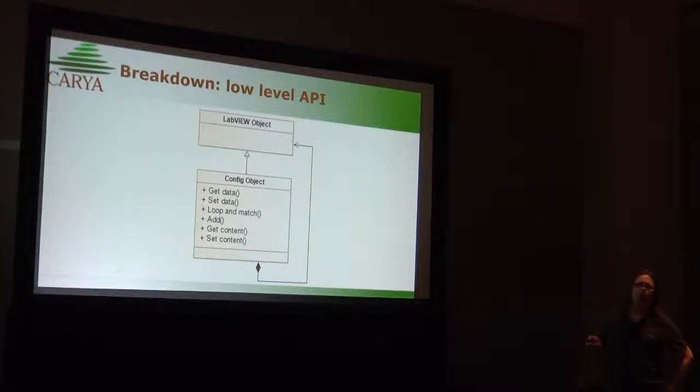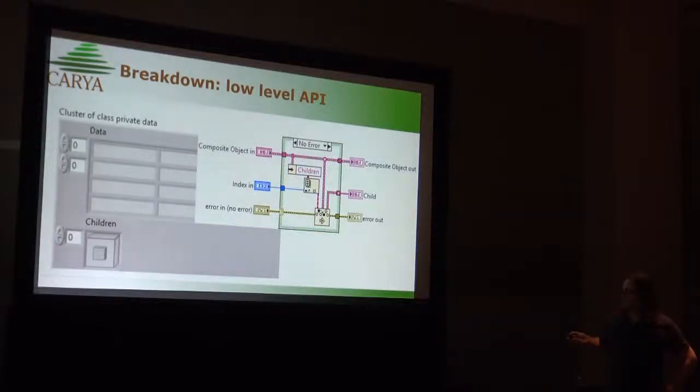So I usually don't do that. So I usually don't change the labels of input and output class names. So this configuration config object, that is this wire. Okay. So config object and composite object are the same thing? Yes. Okay. Yeah, thank you. Yeah, it's object in and object out, essentially.